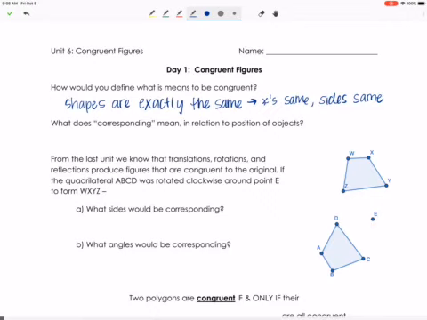We also talked about the term corresponding back in Unit 3 when we talked about parallel lines and transversals. Remember, with parallel lines, corresponding kind of just meant in the same position. So like top right, top right. It means a similar definition when we talk about congruent figures, in that if sides or angles are corresponding, it essentially means in the same position relative to their shape.